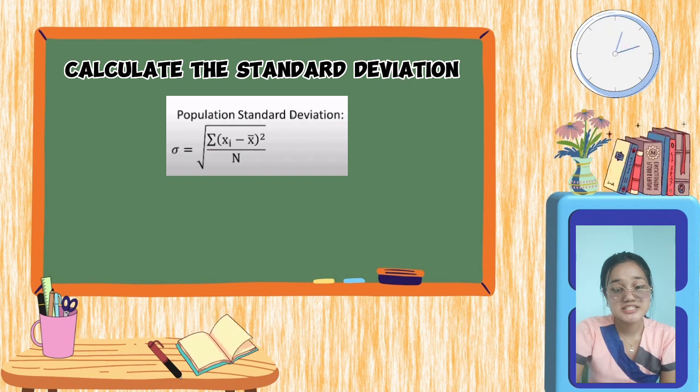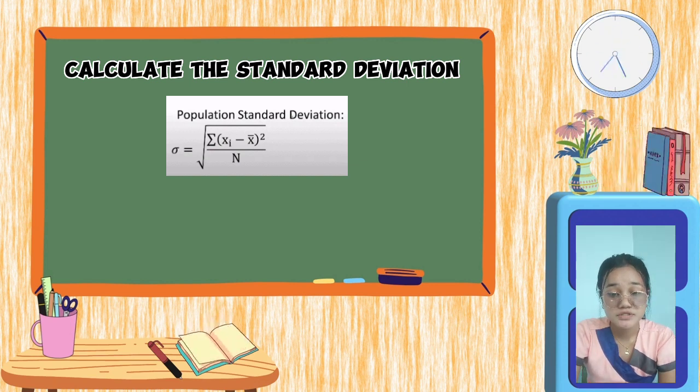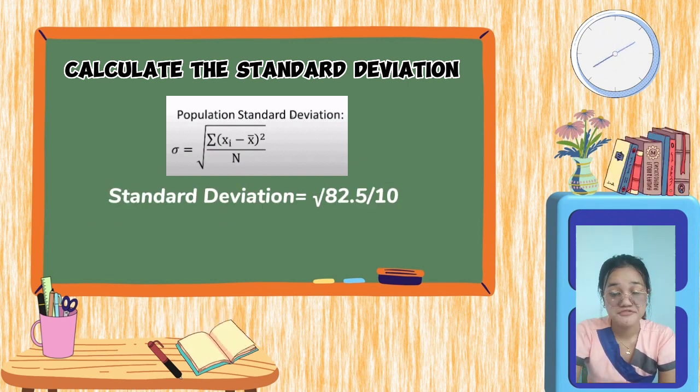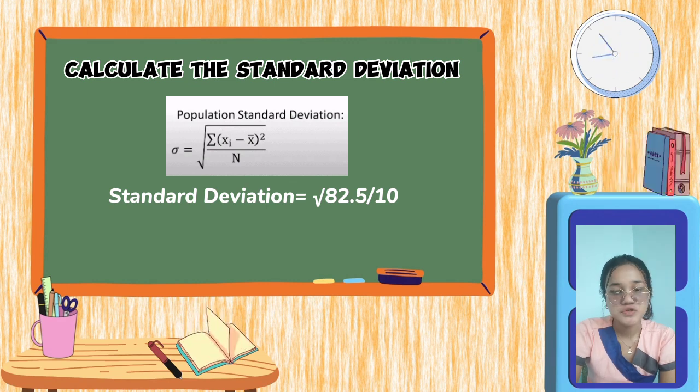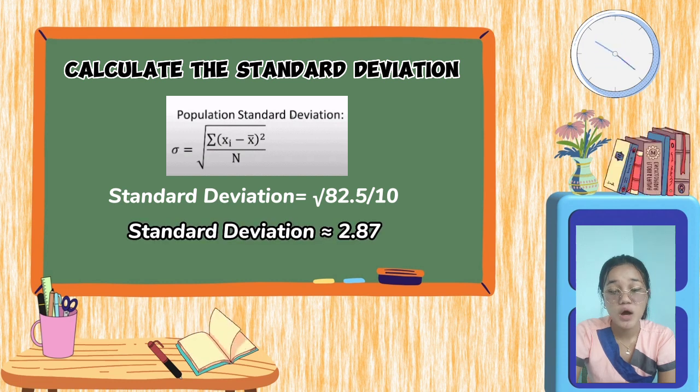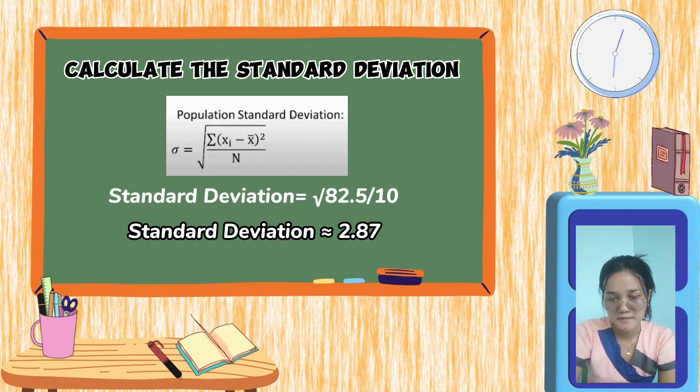Applying the formula, the standard deviation is the square root of 82.5 divided by 10. Using a calculator, we find that the standard deviation is approximately 2.87, rounded to 2 decimal places.